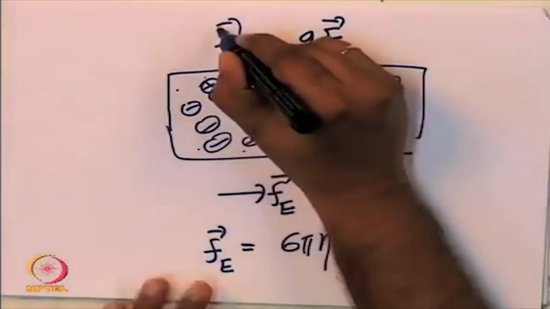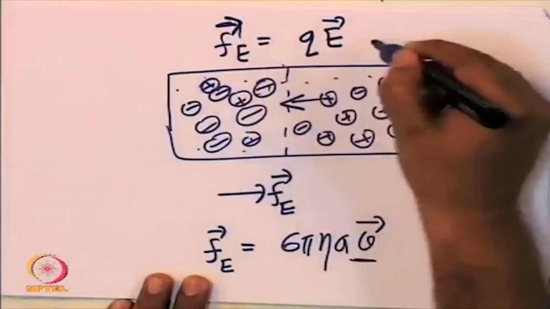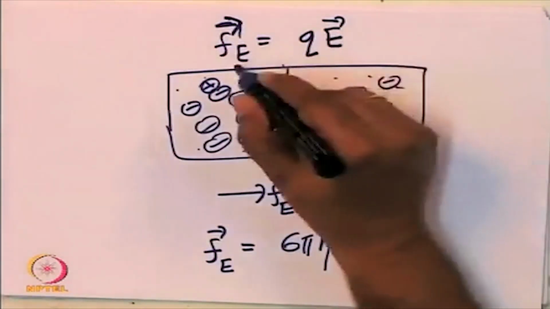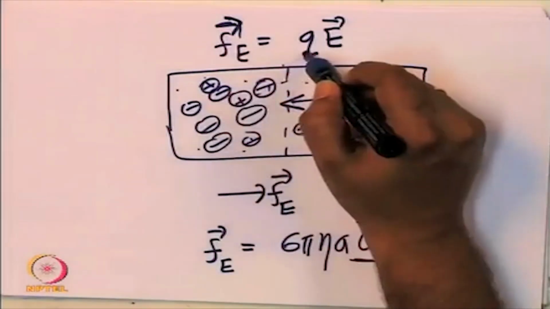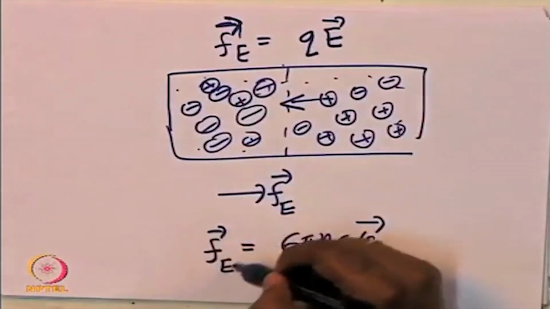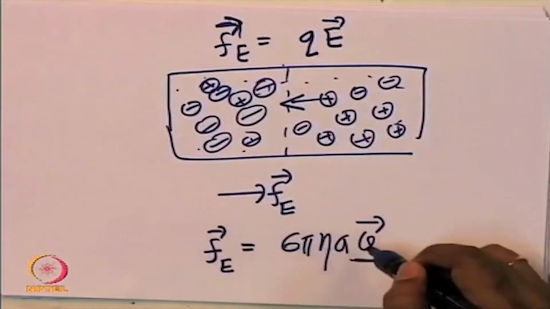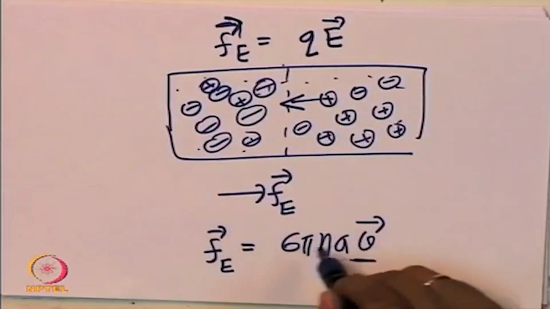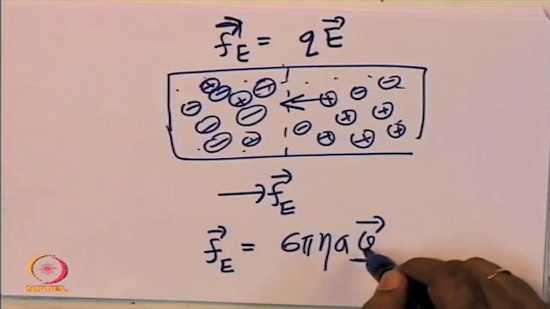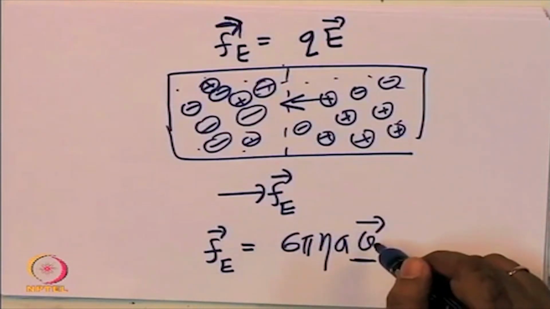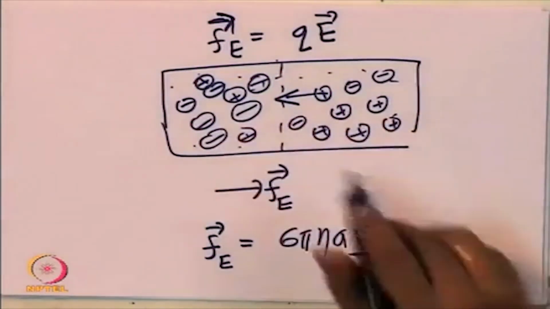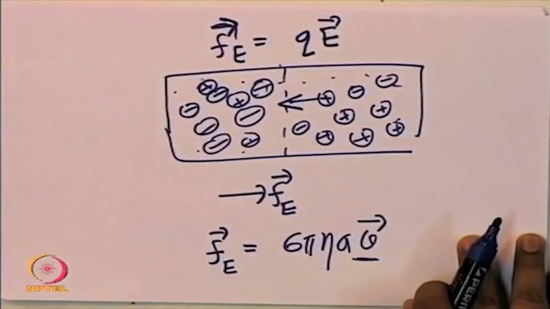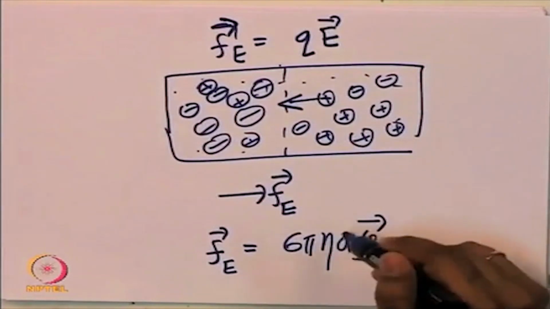So force F is Q times E. This force will be equal to the drag, 6 pi eta a v, because there will be friction. So the velocity of the flow will be given by this.